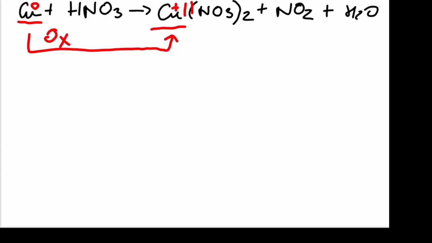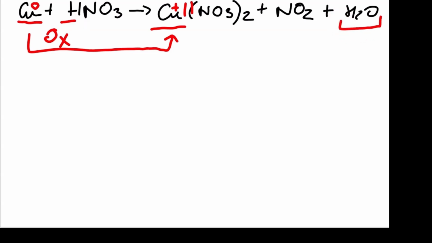Okay, so now we need to find what is reduced here. Let's check firstly the hydrogen atom. On the left side, the hydrogen atom is in the nitric acid. In this acid, the hydrogen atom is in the oxidation state equal to plus 1. On the side of the products, hydrogen atoms are in the water.